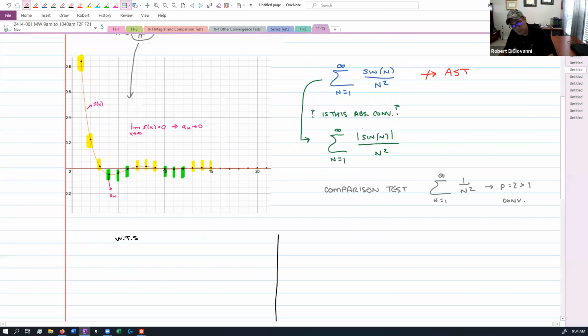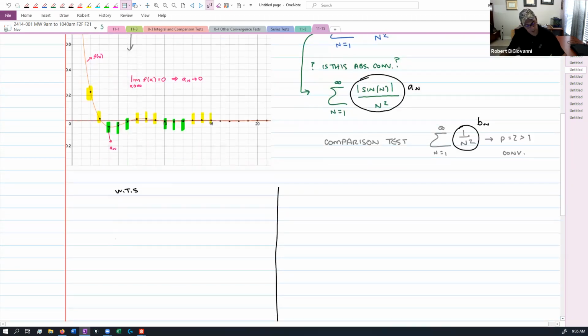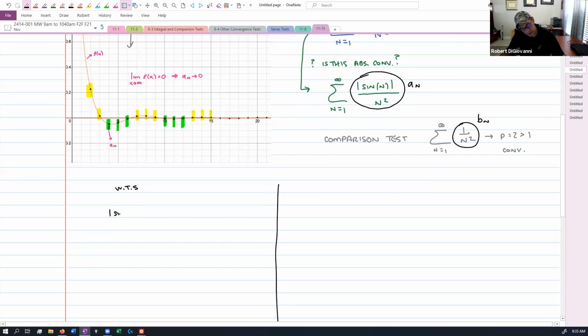So for us here, this is A sub n and this is B sub n. Since the comparison series converges, I want to show that all of these terms are smaller than those. So I want to show that the absolute value of sine of n over n squared is less than 1 over n squared. That's what I want to show. If I can show that that's true, I'm done.